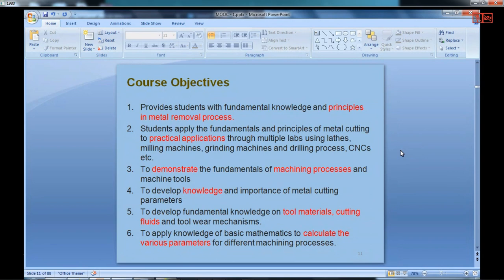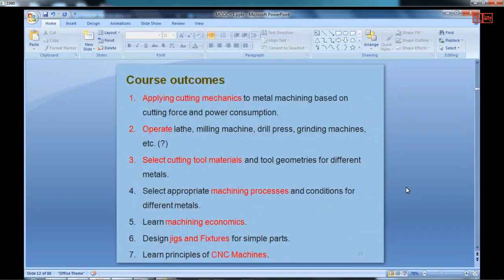They play an important role, and also to help you understand tool materials and cutting fluids. And obviously we are going to give you some problems to solve so that you will understand some of these concepts.